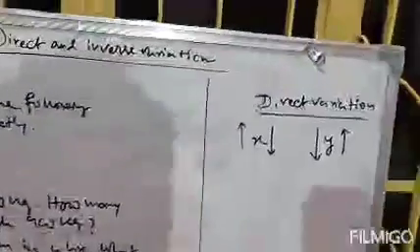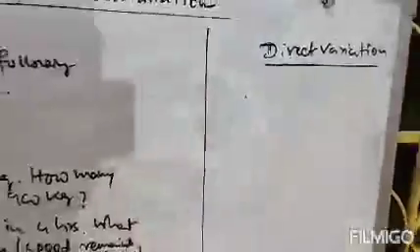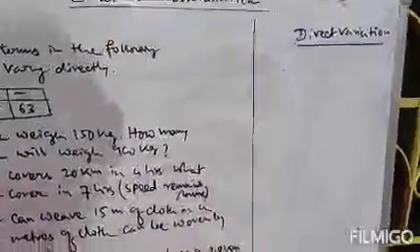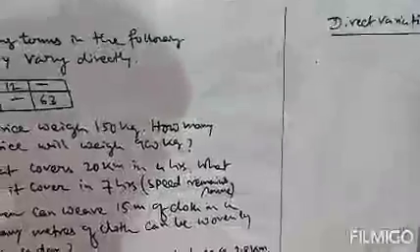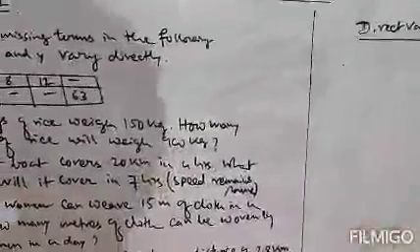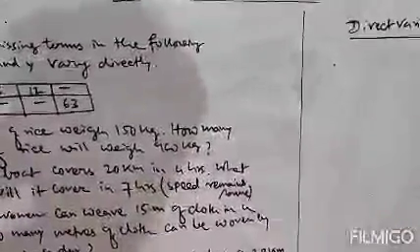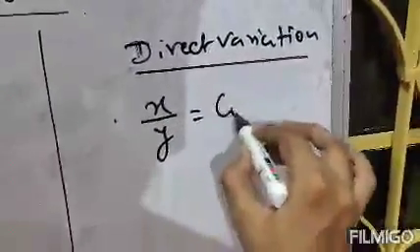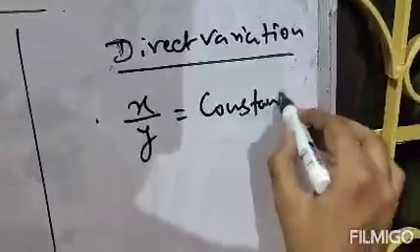Clear? Now the rule of direct variation says, if there are two quantities x and y, such that if x increases, y will also increase, and if x decreases, y will also decrease, that means the quantity x by y will remain constant.